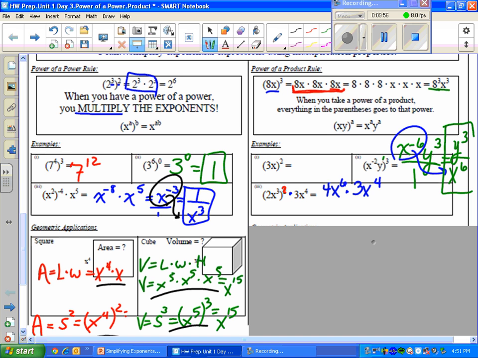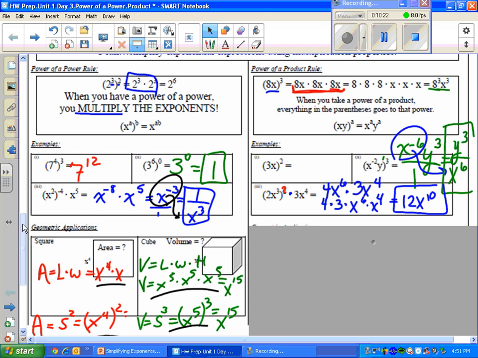Notice there's no additions or subtractions here. This is all just multiplication, which means I get to rearrange this in any order that I want. So I'll put the quote-unquote normal numbers up front, and then I'll put the x's in the back. So my normal numbers here, 4 times 3 will give me 12. And then x to the 6 times x to the 4, if you add those, you'll get x to the 10.